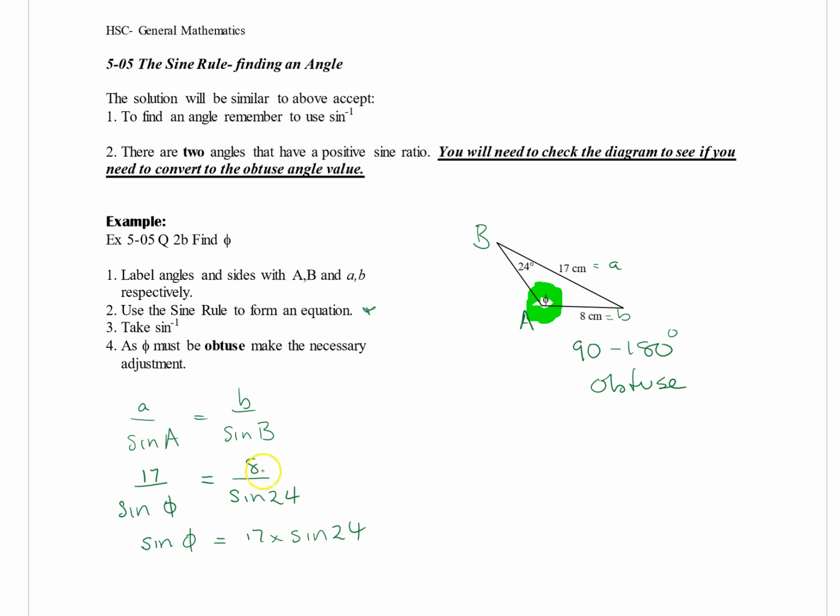However, we would normally be multiplying by 8. We don't want to multiply by 8 here, so we will be dividing by 8. This now means to find the angle, we would take sine inverse of this calculation. I'll pause the video and get it on the calculator and then talk about it.